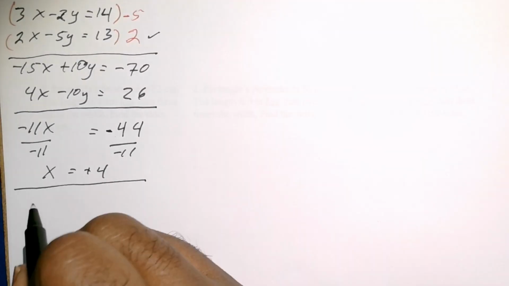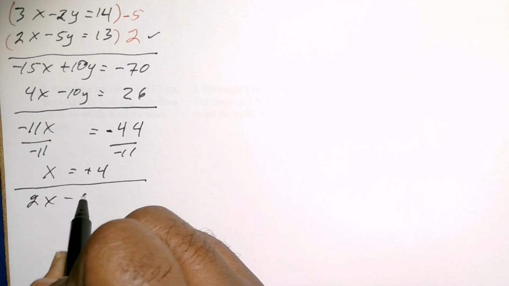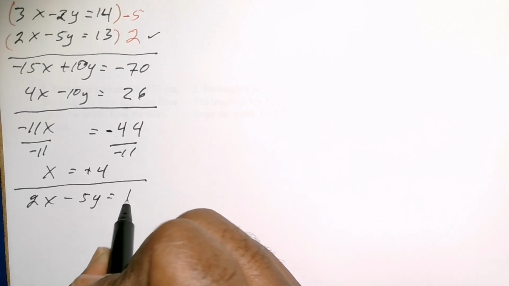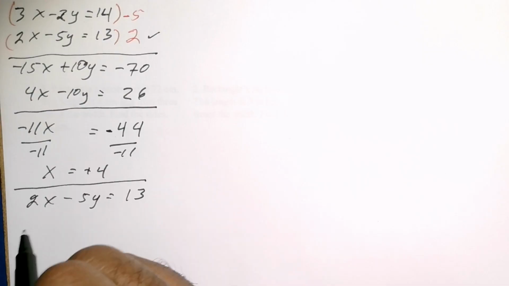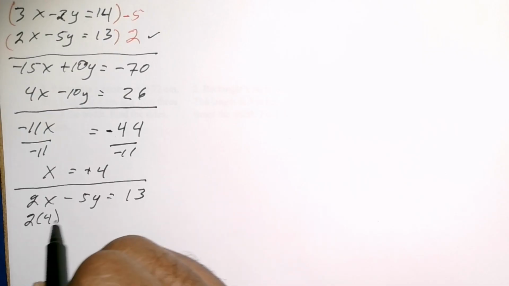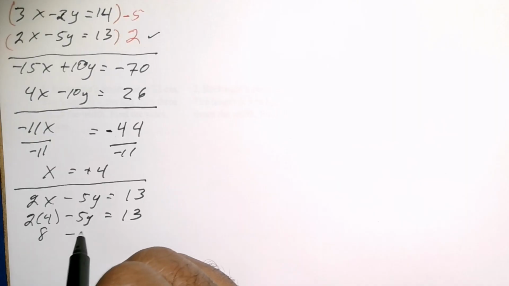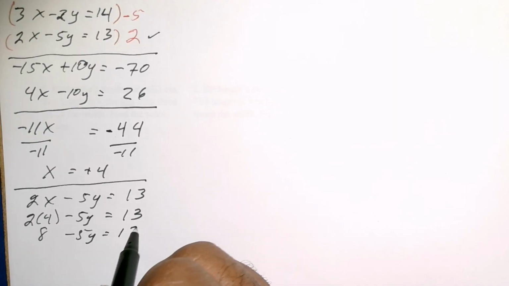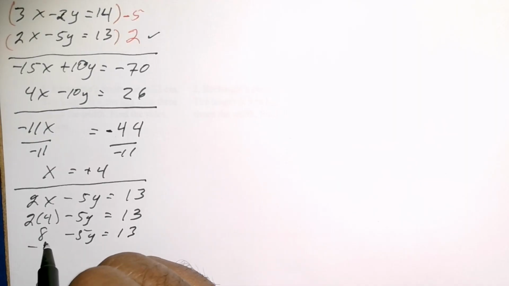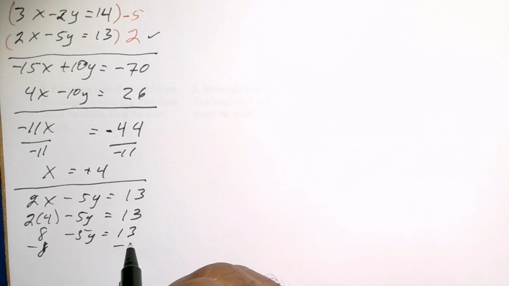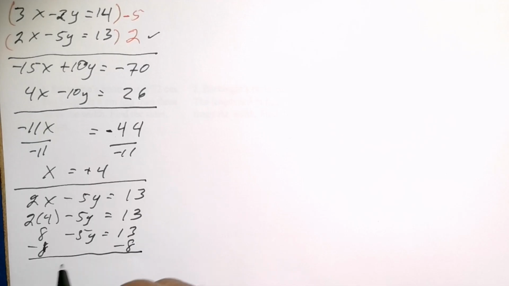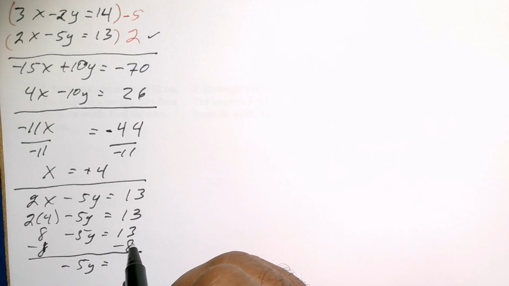And my x becomes 4, so this becomes 2 times 4 minus 5y equals 13. This becomes 8 minus 5y equals 13. Subtract 8 from both sides. I know it's a bad looking 8. And you'll get negative 5y equals 5.